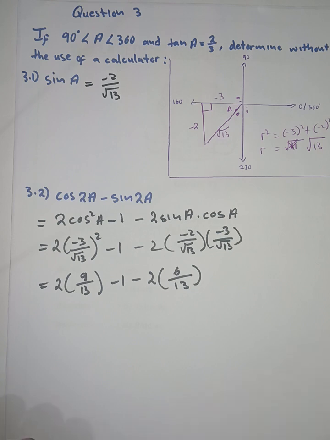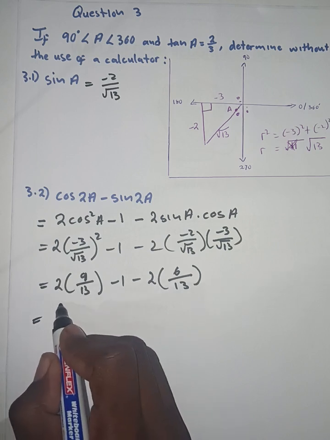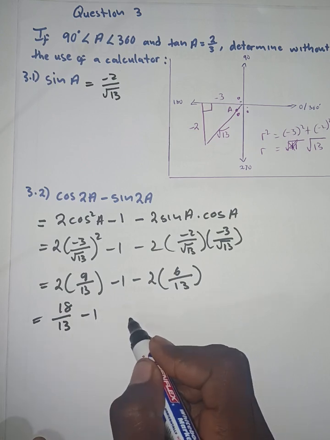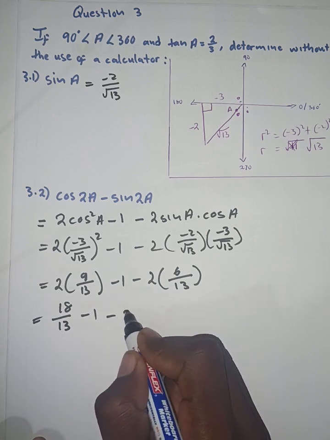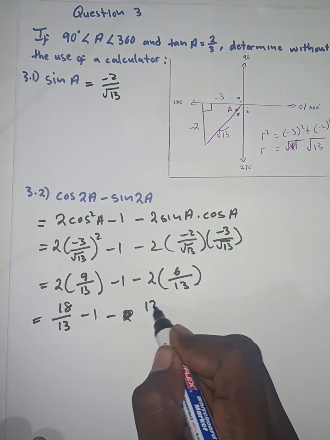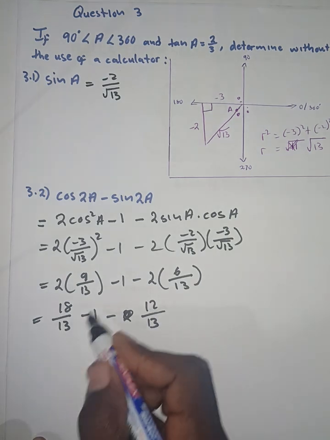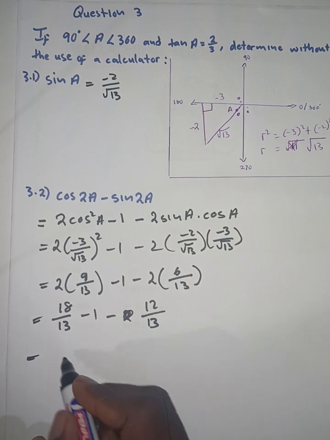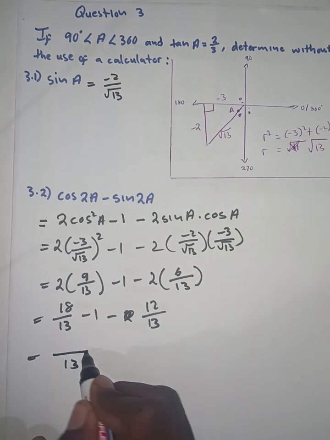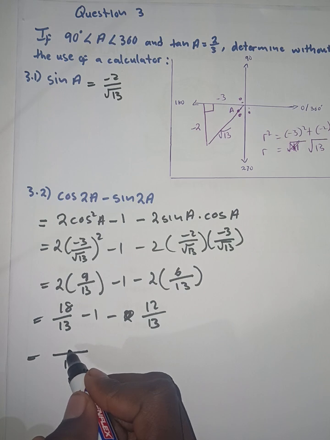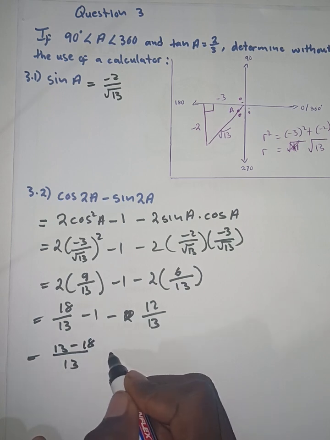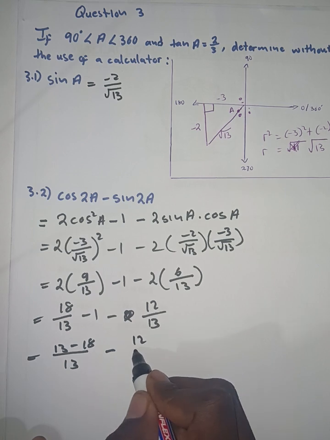Now, from this position, this would be 18 over 13 minus 1, so that's minus 2, so this would be actually 12 over 13. What I'm actually just going to do is combine this first. So this would be 13 over 13 minus 18, so minus 12 divided by 13.